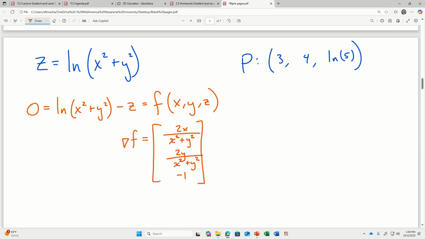And then specifically to get a vector at this point, I've just got to plug in x equals 3, y equals 4, z equals natural log of 5. And so the vector would be, let's see, 2 times 3 divided by 25, and then 2 times 4 divided by 25, -1.